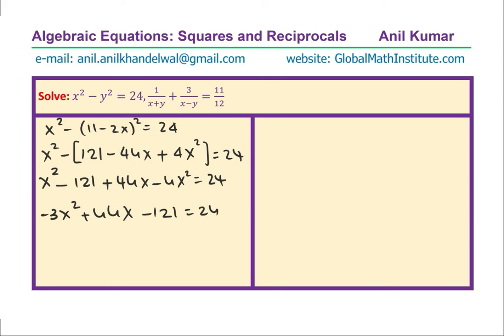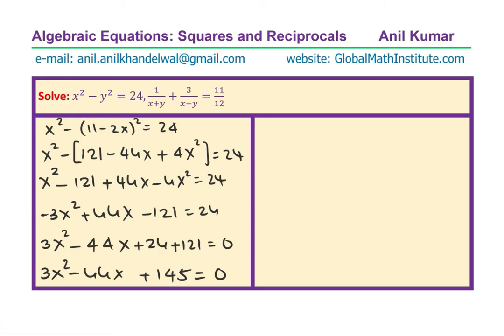Taking all the terms to the right hand side, we can write this as 3x squared minus 44x, plus 24 plus 121 equals 0. Correct? Now, let me rewrite this: 3x squared minus 44x plus 145 equals 0.